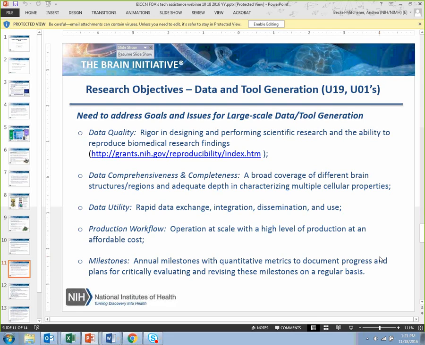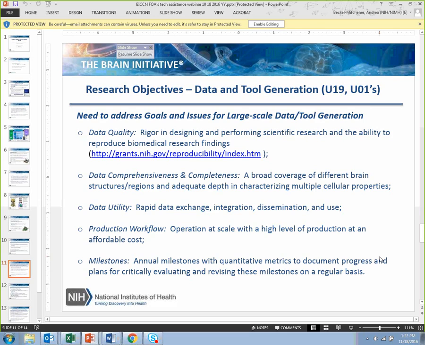So the BICCN centers and collaboratories are expected to abide by the agreed data sharing policy to ensure rapid data exchange and sharing. Each application is also to describe the production workflow, including throughput, and describe costs at the beginning of the project, identify large cost items, and the anticipated cost reduction during the project period.